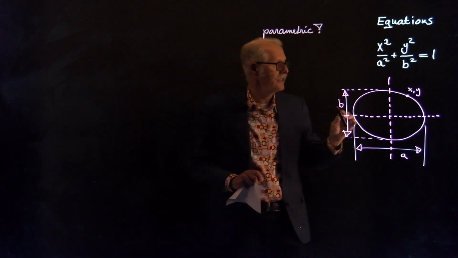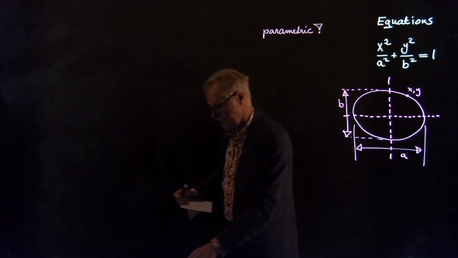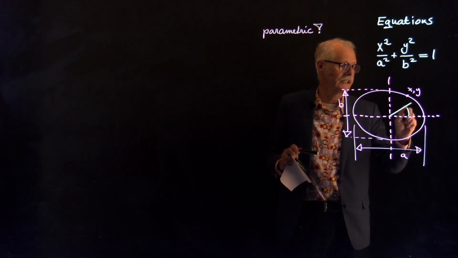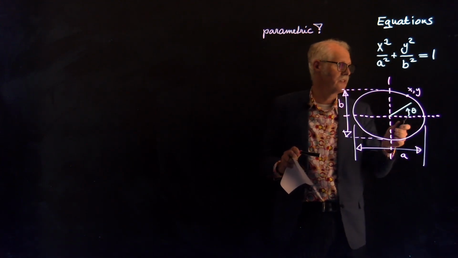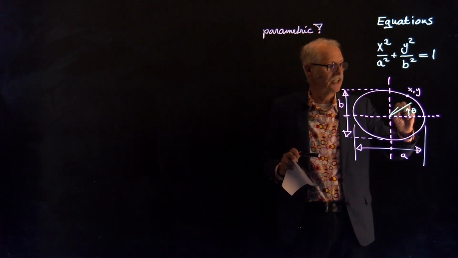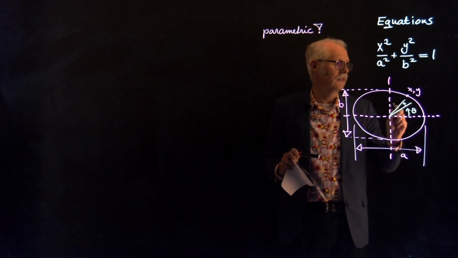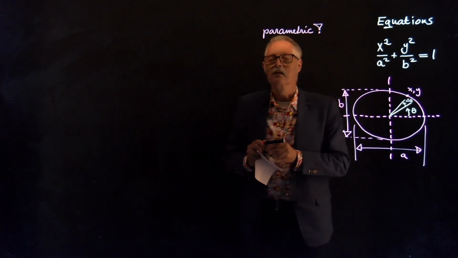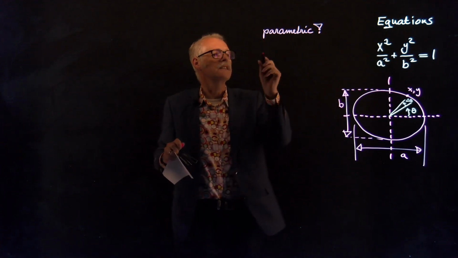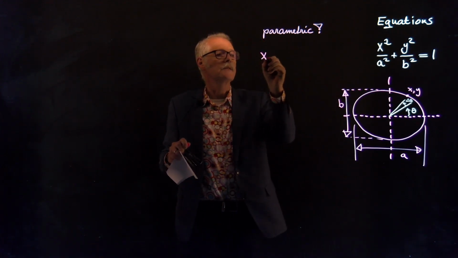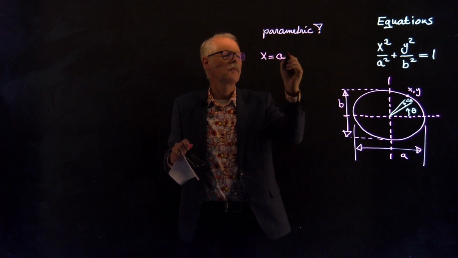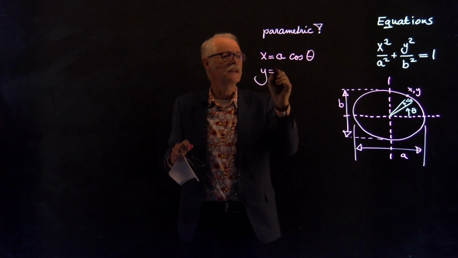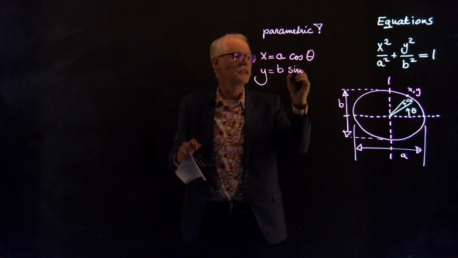These are better, and the idea is that you start from an angle, say theta, and that can be used in an algorithm to be incremented in small steps, delta theta, for example. So these equations are slightly different. The equation says x equals a times cosine of theta and y equals b times sine of theta.